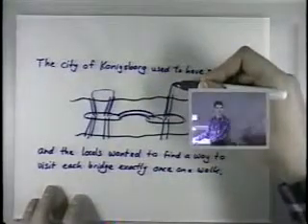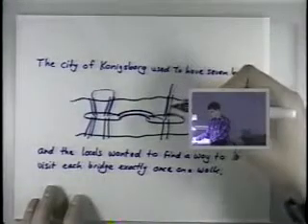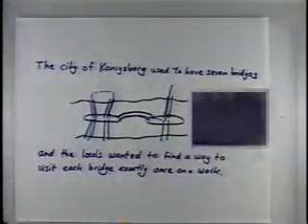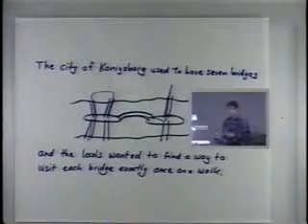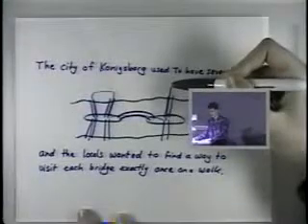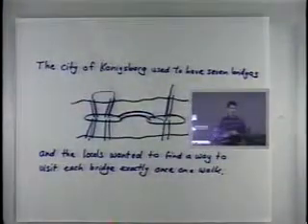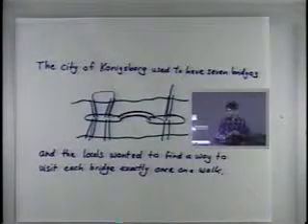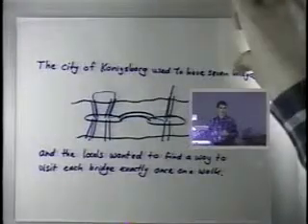But now we're stuck. Because we want to find a way to visit each bridge exactly once and walk along all the bridges, but now we're on the wrong side of the river, and yet we still have more bridges that we have to cover. So this method doesn't work.